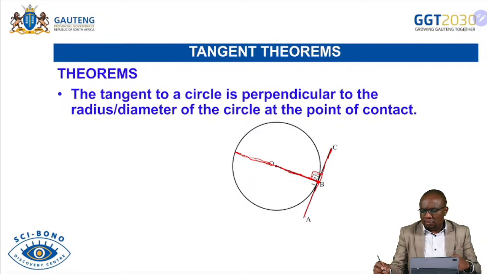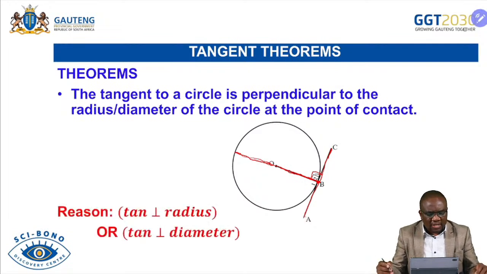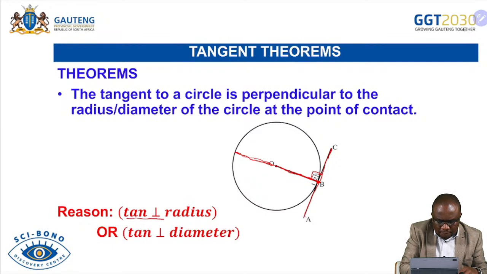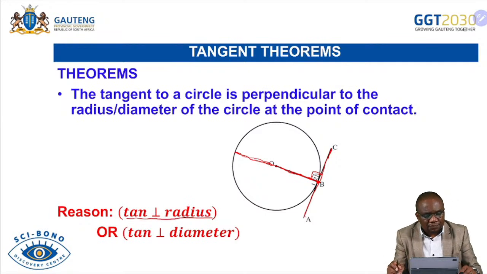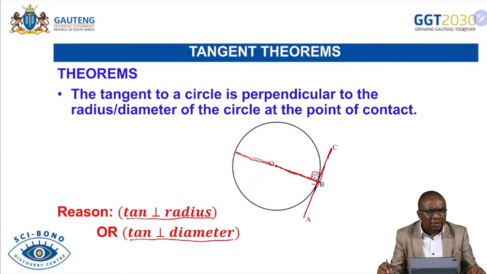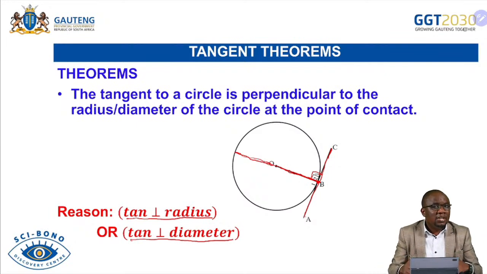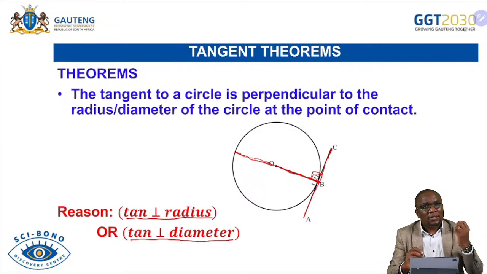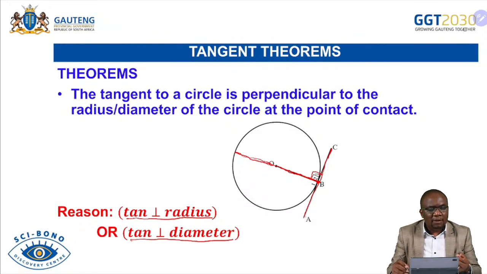Right, let's look at the converse. Before we look at that, what's the reason that we use? We say tangent perpendicular to radius, or tangent perpendicular to diameter. That's the reason you write. You can say angle OBC is equal to 90 degrees because it's tangent perpendicular to radius.